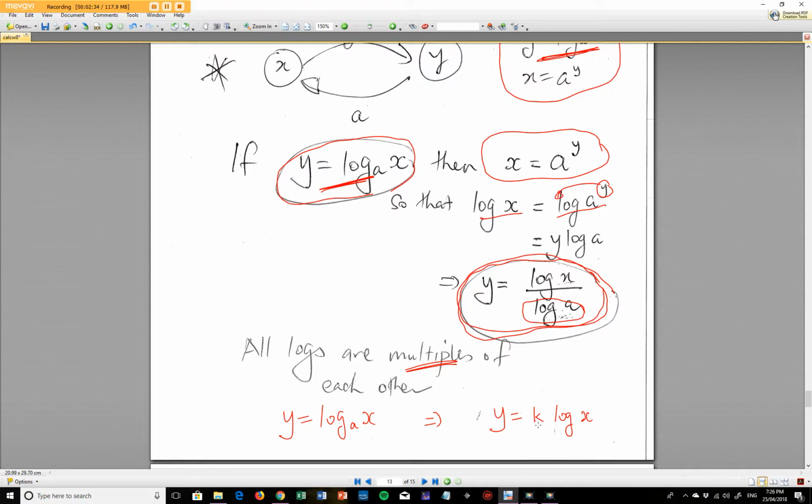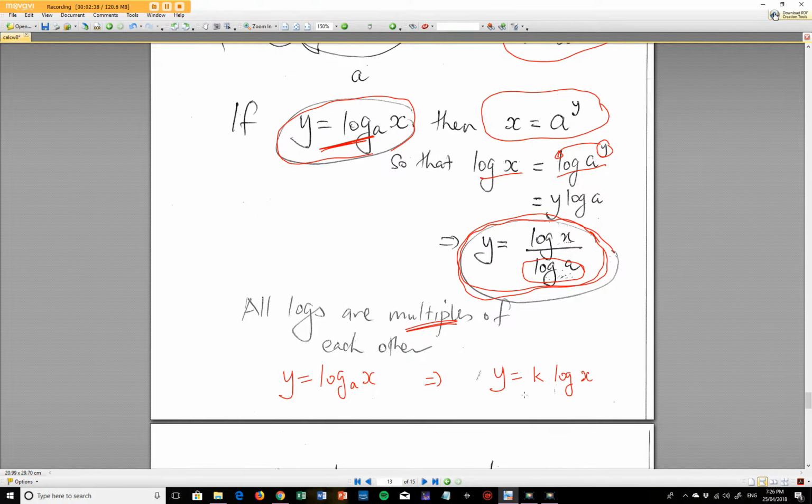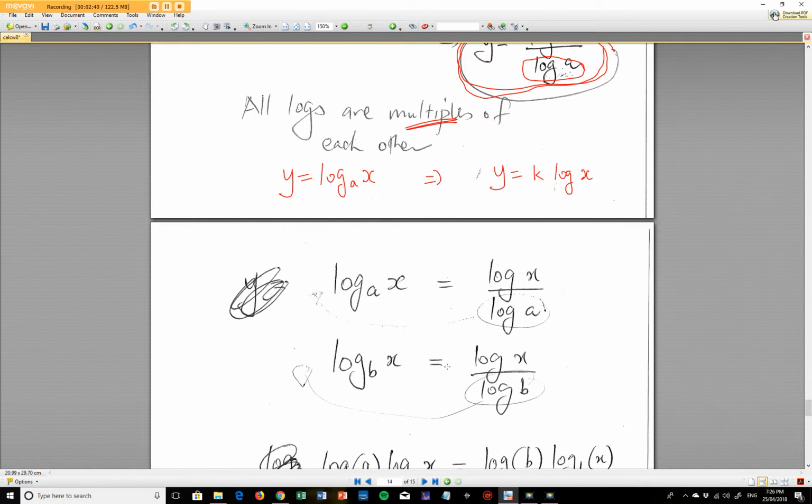They're all some constant times the natural log. And if we had logs to two different bases, log base a of x, which we know is that, and log base b of x, which we know is that, with log b on the bottom. When it's log base a, we're dividing by natural log of a, and when it's log base b of x, it's dividing by natural log of b.